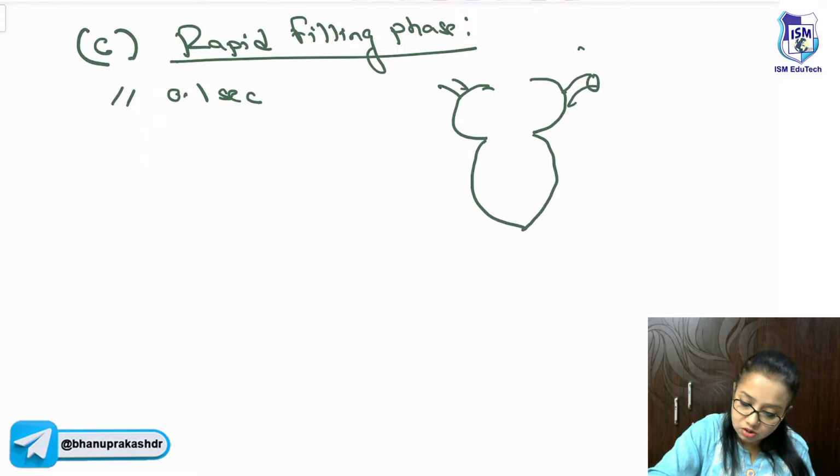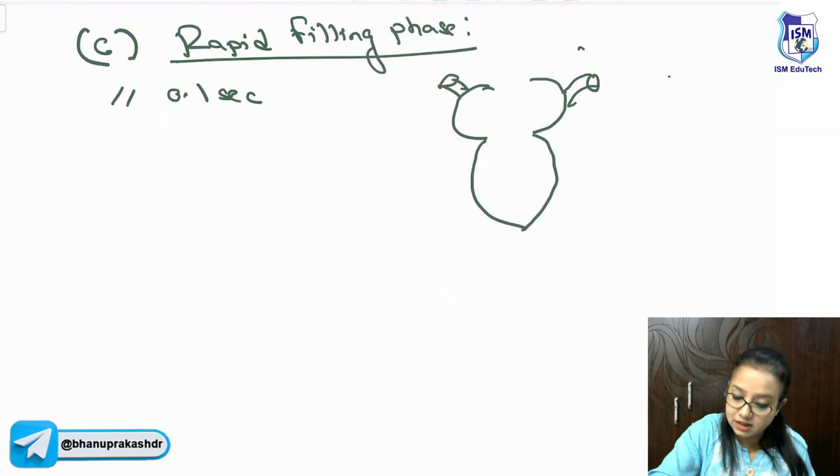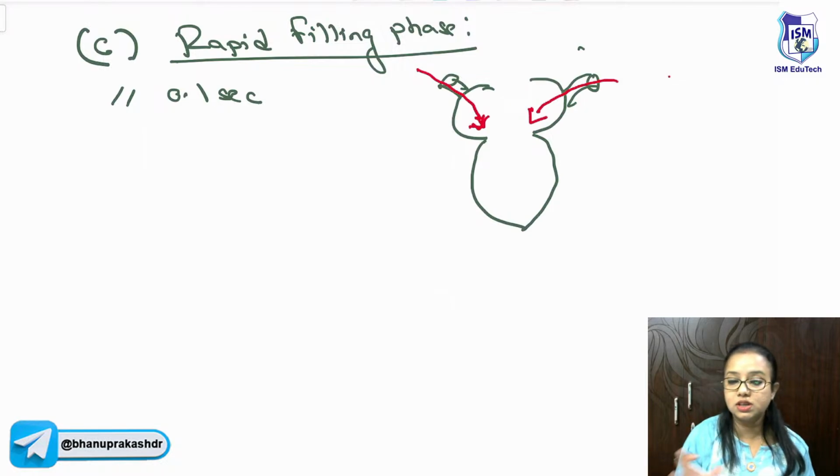Okay, there was constant filling of the atria. Blood was coming to the left atria from the pulmonary circulation, and to the right atria from the peripheral circulation.